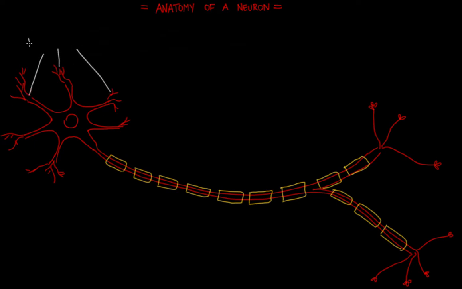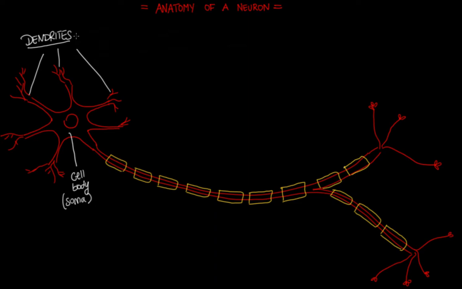These branches are what we call dendrites. And these dendrites will extend, as you can see, they are thick processes that extend from a central body. This central body is what we call the cell body or the soma.